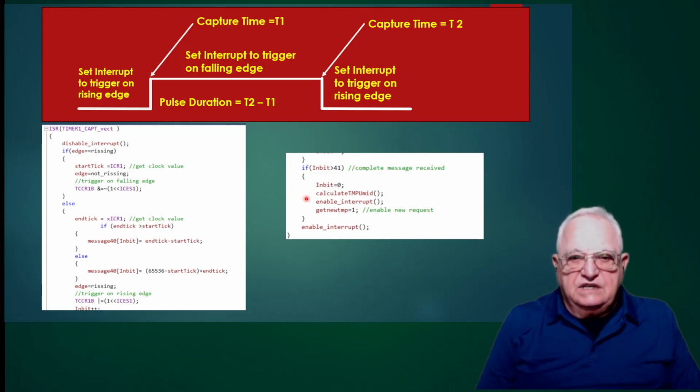So in this case I go and calculate the value that I got. I again enable my interrupt, and then I set this parameter, which is going to tell the main program that it's time to request a new temperature and humidity value, and then we enable the interrupts. So basically this is doing exactly what I showed you in this figure.